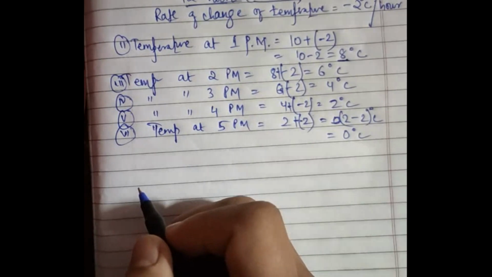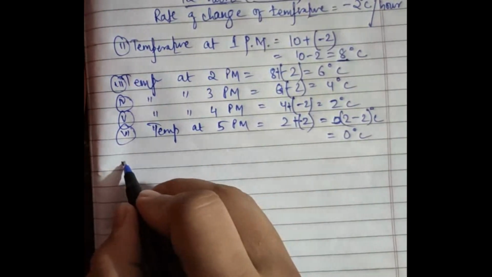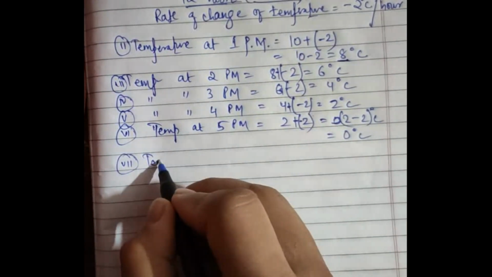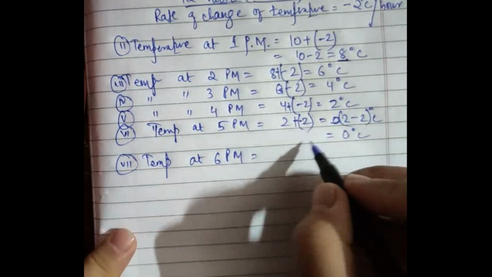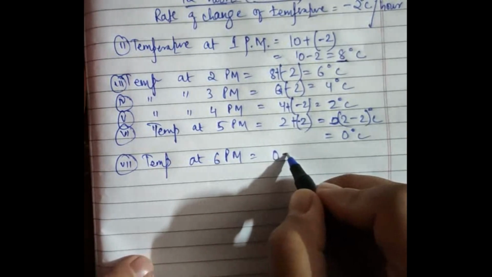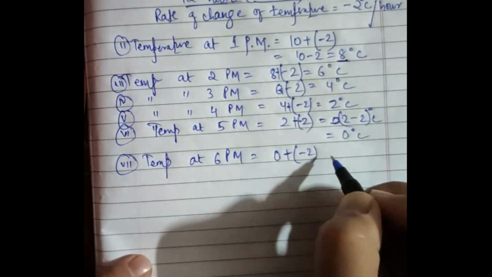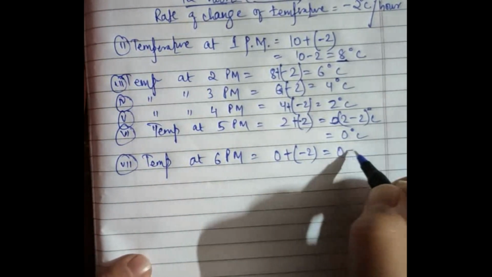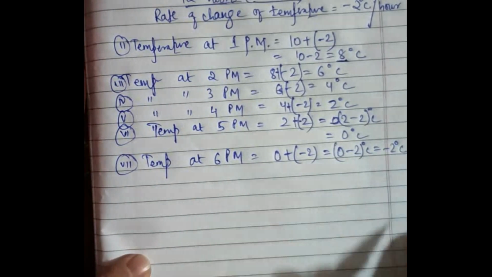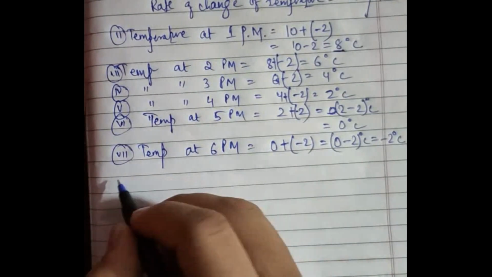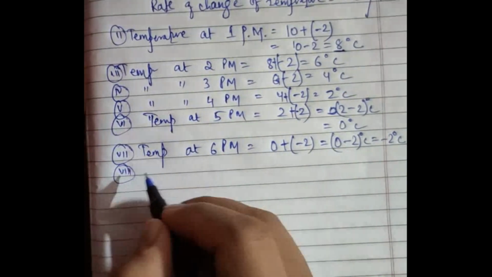Do not jump in any step, otherwise you will face a problem, okay? You will get confused. Temperature at 6 p.m. is equal to, now 0 plus minus 2 is equal to 0 minus 2 is equal to minus 2 degree Celsius. Okay. Now 7, 8.